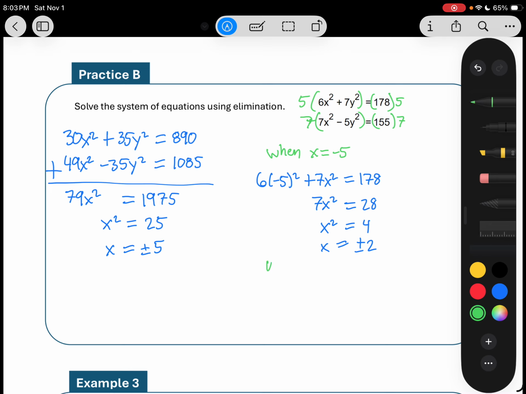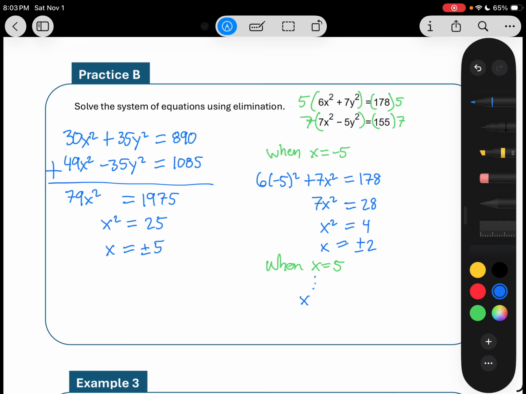And then when x is equal to +5, the algebra will actually be the same, because -5 squared will give the same result as +5 squared. So those should have had the same steps, and we get that again.